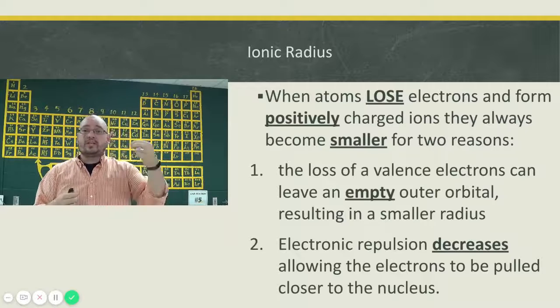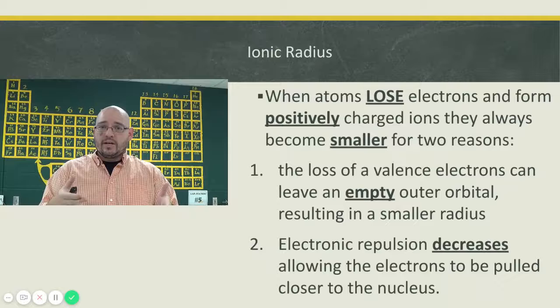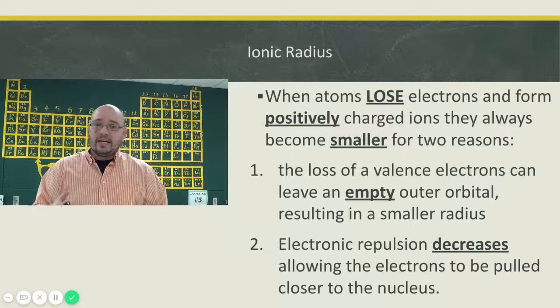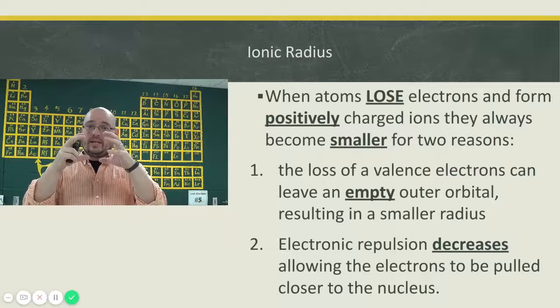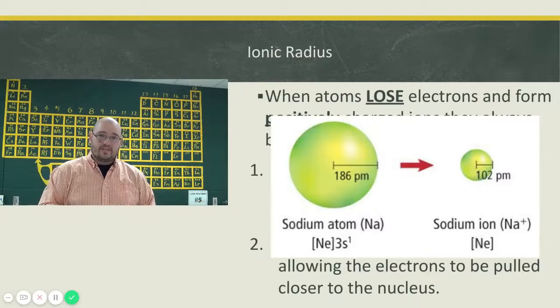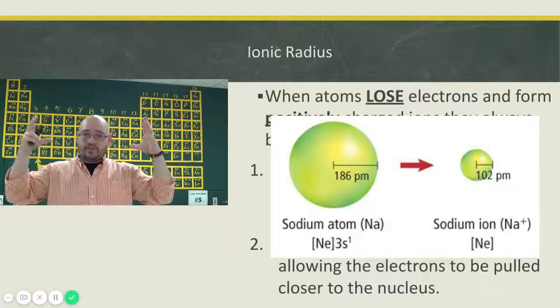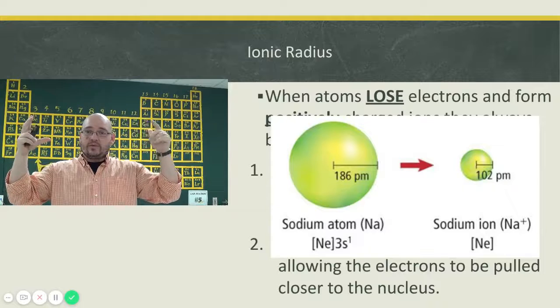So when you lose an electron and become a positive ion, a cation is going to be smaller than the atom was before. For example, lithium is this big, a lithium ion is going to be smaller. This example is sodium. So we have a big sodium. Well, sodium loses one electron in its outer energy level.